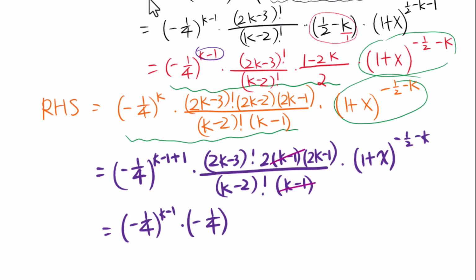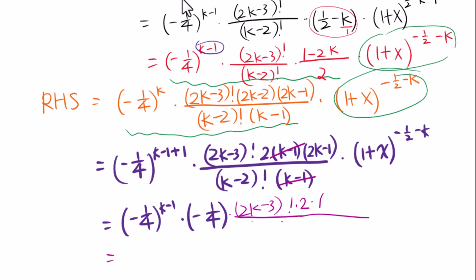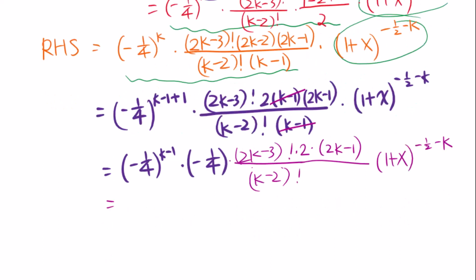Reduce, times (2k-3) factorial times 2 times (2k-1) over (k-2) factorial times (1+x) to the negative 1/2 minus k power.